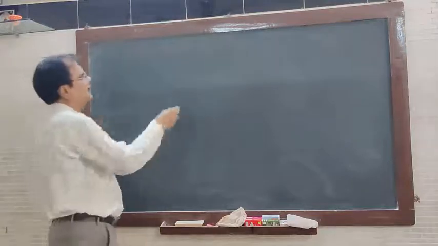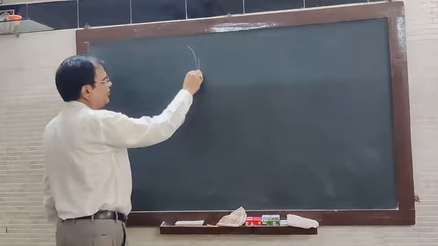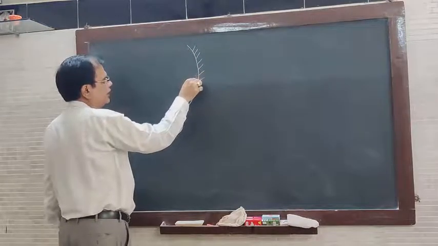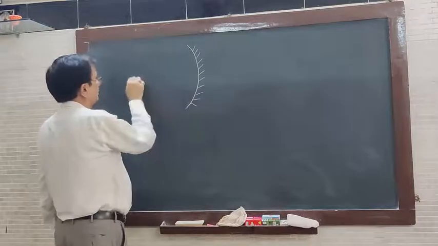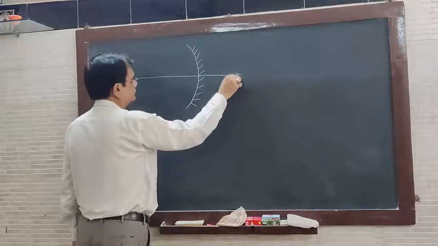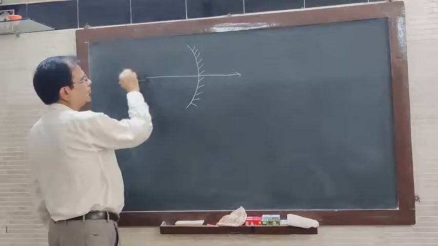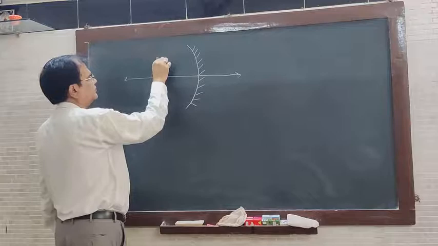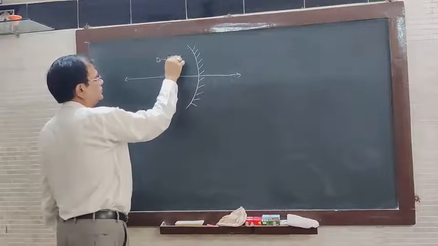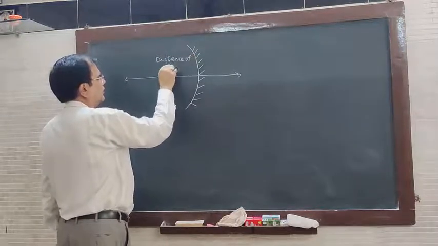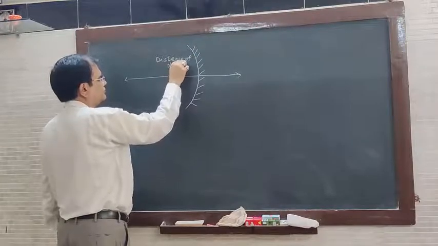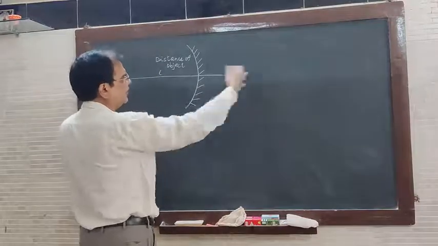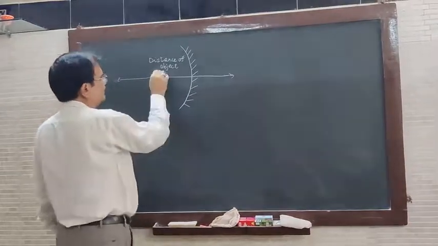Now what is the Cartesian sign convention? Whenever I take a mirror, like I told you, we mostly use a concave mirror. The object is always placed on the left hand side, so the distance of the object is always taken on the left hand side. Number line you remember: right hand side is positive, left hand side is negative.